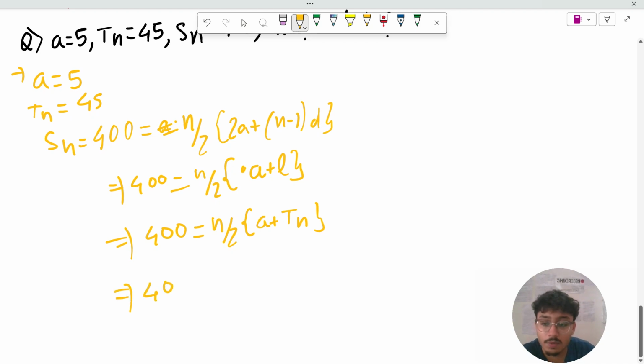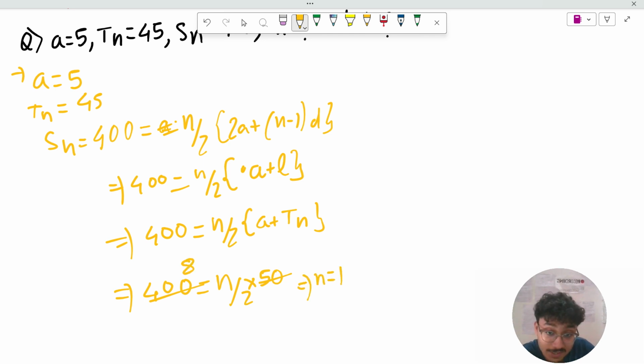I know the value of a plus tn, that is 50. So 400 equals n by 2 into 50, 50 by 2 is 25, and my n comes out to be 16. So the number of terms is 16. See, this is very formula based.